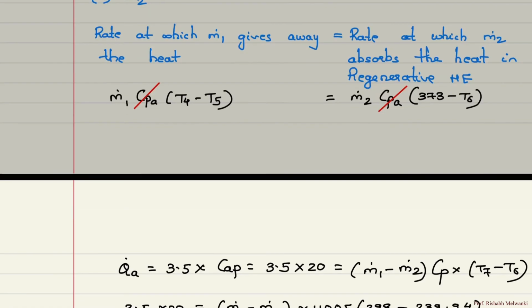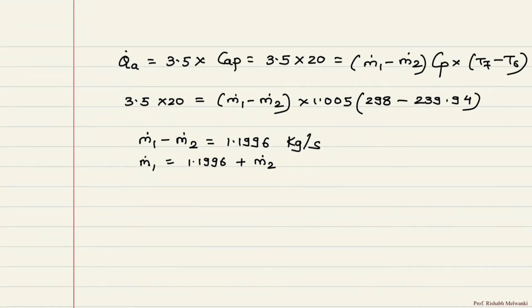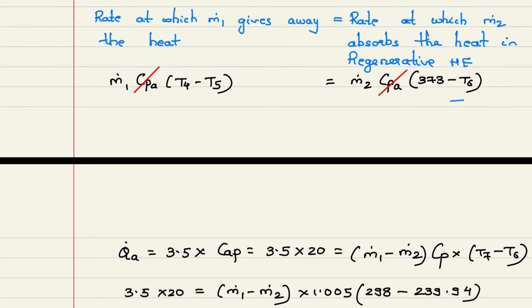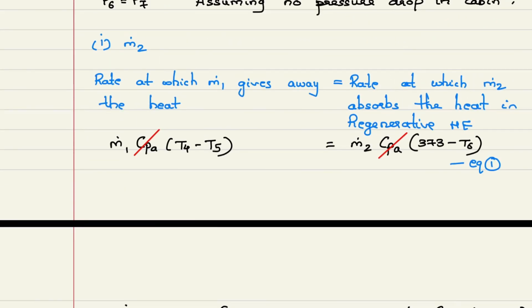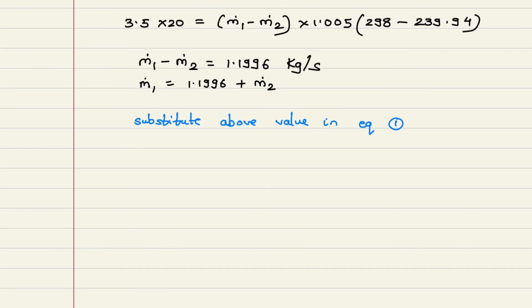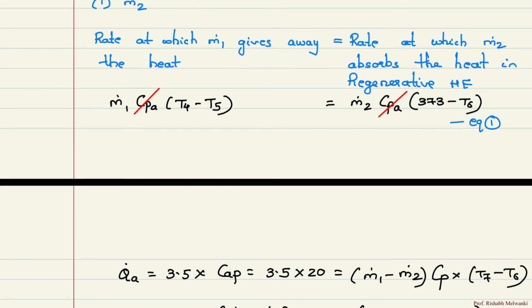Suppose this is equation 1. Substitute the above value in equation 1. On the left hand side we have m dot 1, so we write 1.1996 plus m dot 2, then Cp we have cancelled, and (T4 minus T5).